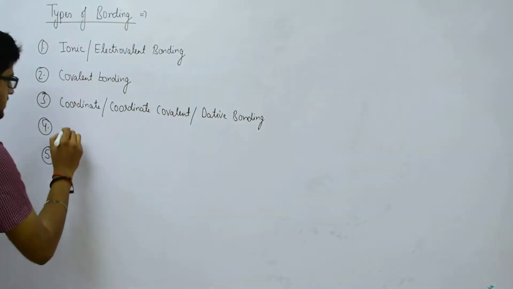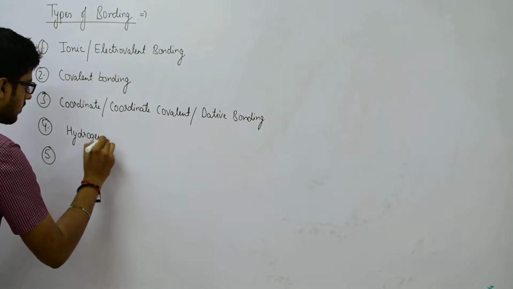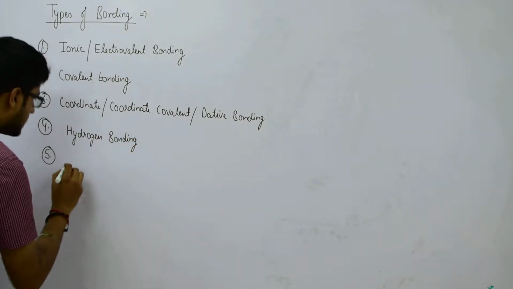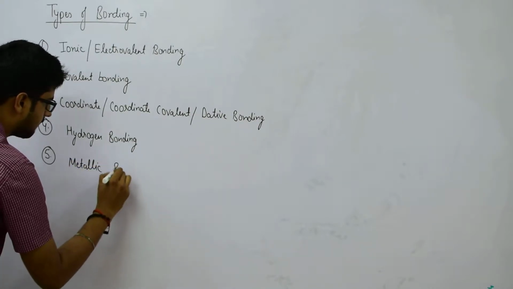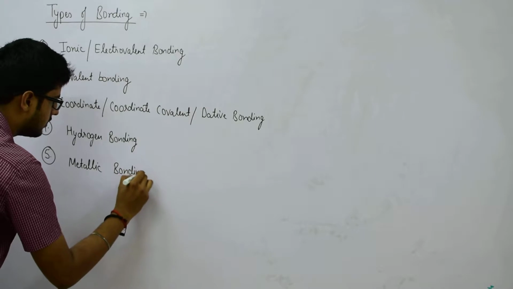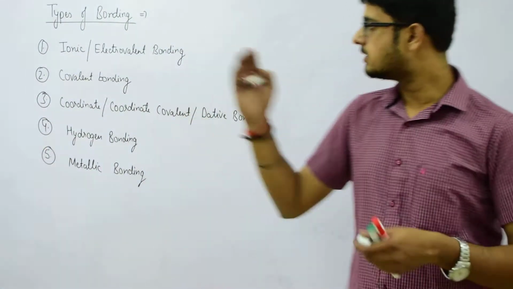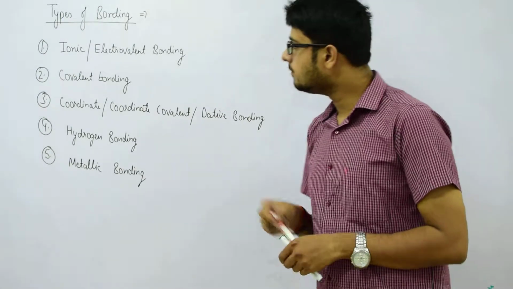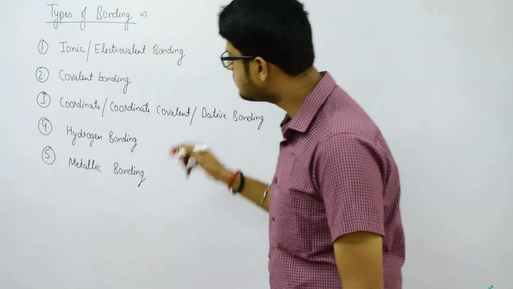Fourth one is hydrogen bonding. And the last one is metallic bonding. So these are the 5 types of bonding which we are going to see in this segment and the next segments.